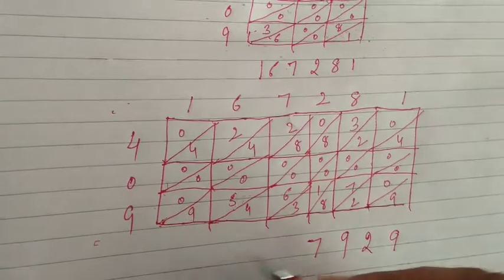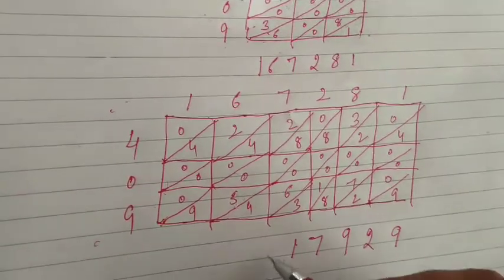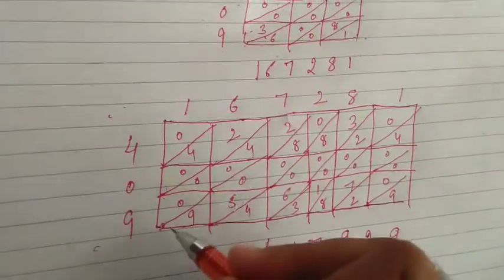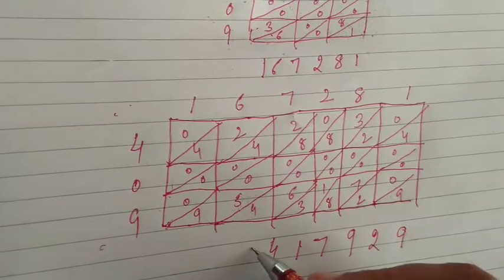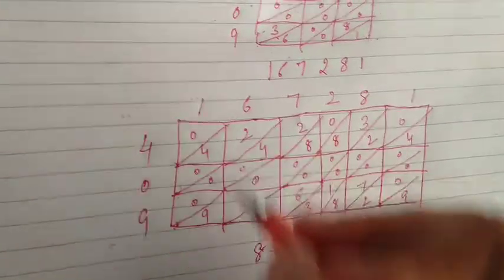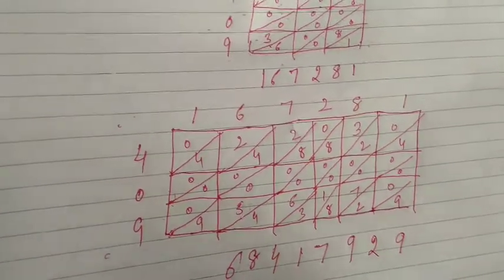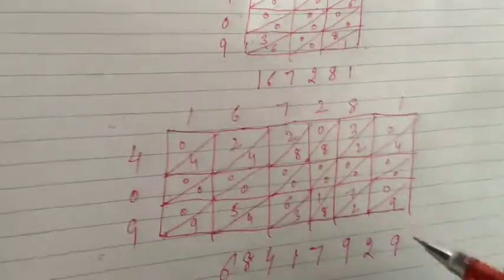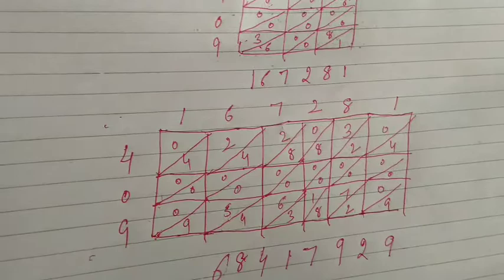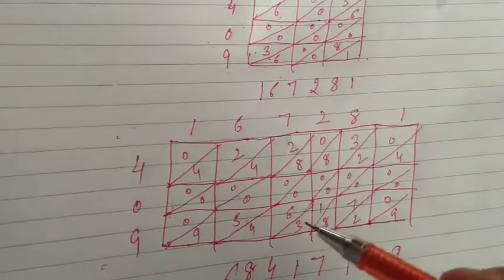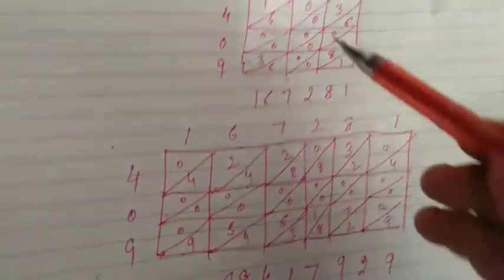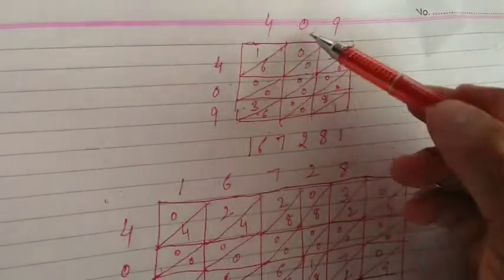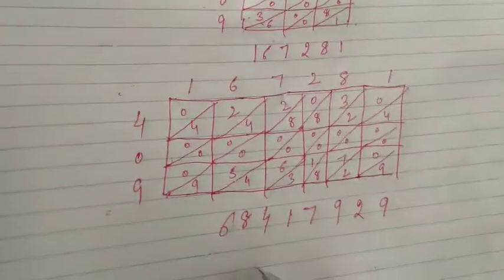In the same way we cut diagonally, we go for this. We got 6 8 4 1 7 9 2 9. That's the easy way, students, how to go for the calculations to take square or to take cube. At first we go for square and then again multiply. We got this value as this one.